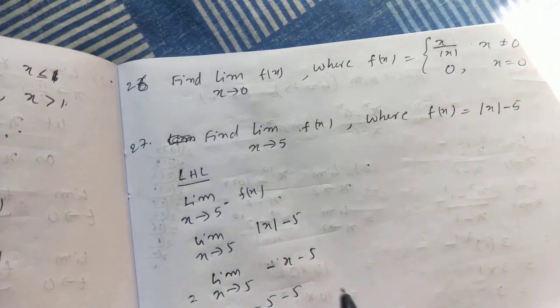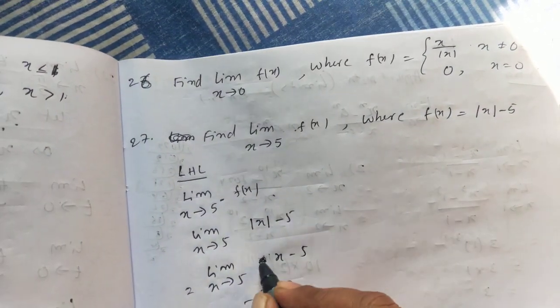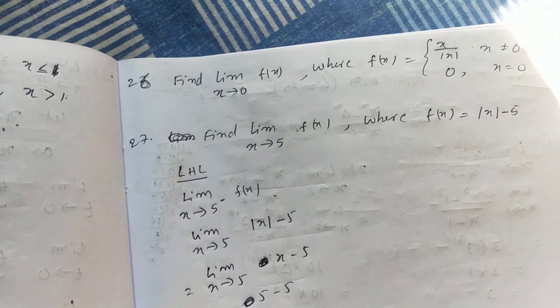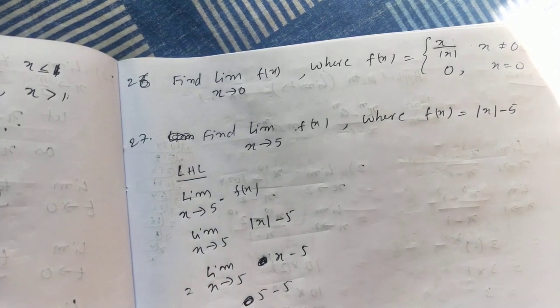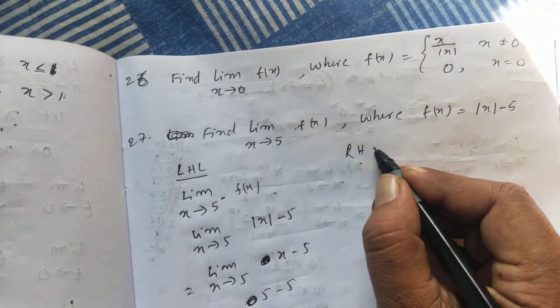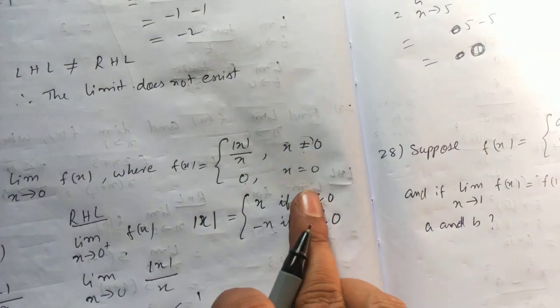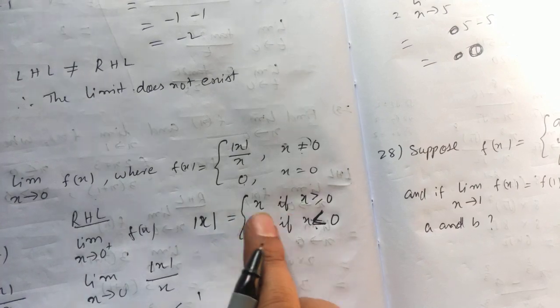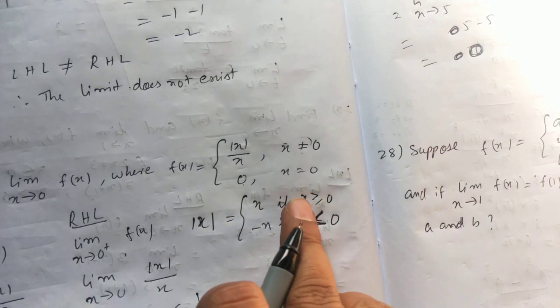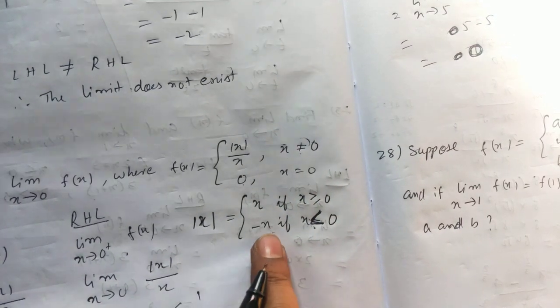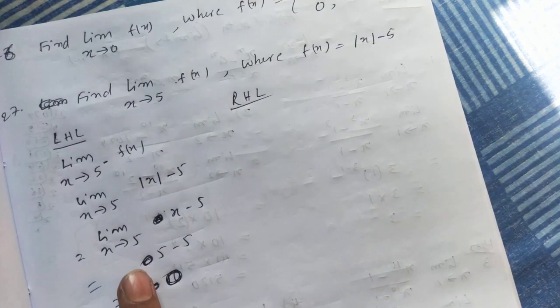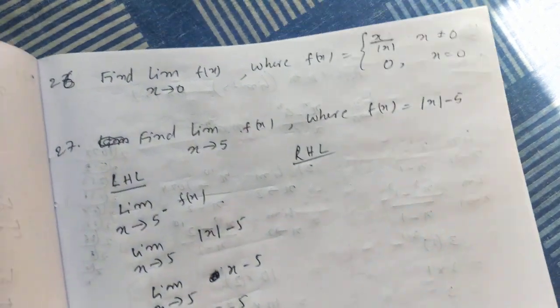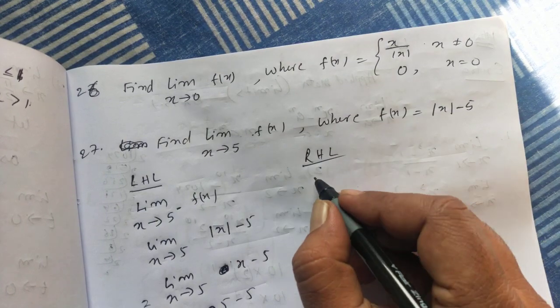Sorry, it's not less than 0. I can use positive only. So we're getting 0. Right hand limit, again I'm explaining: modulus, if it is more than 0, we take x. If it is less than 0, we take minus x. But it's 5, so we cannot take negative, it will always be positive only.